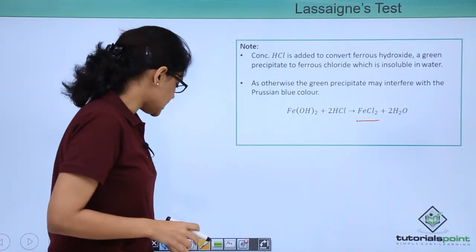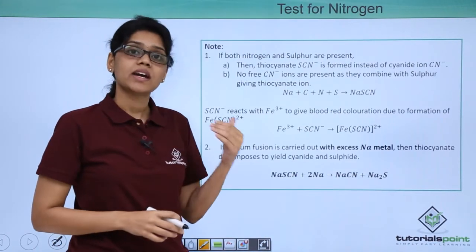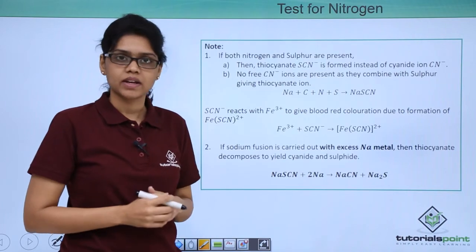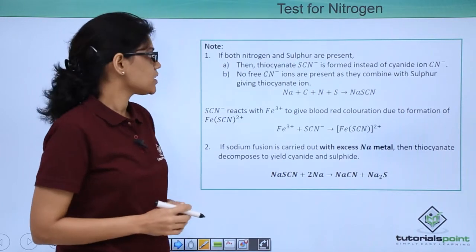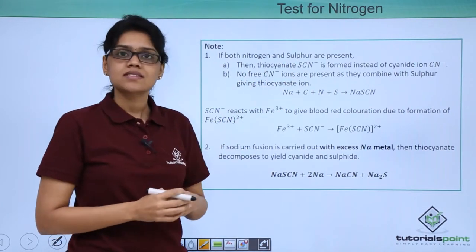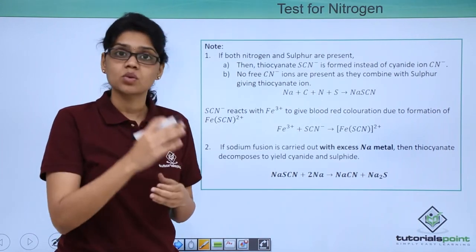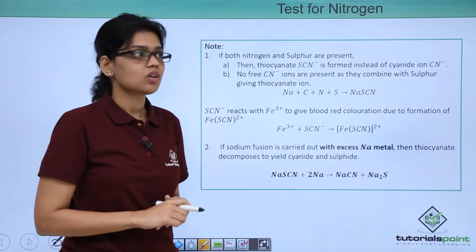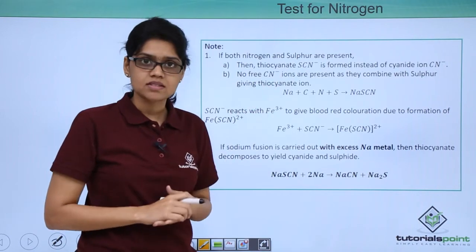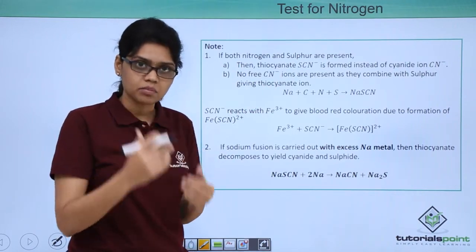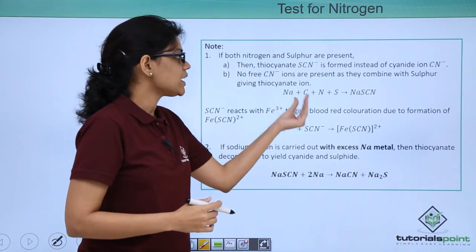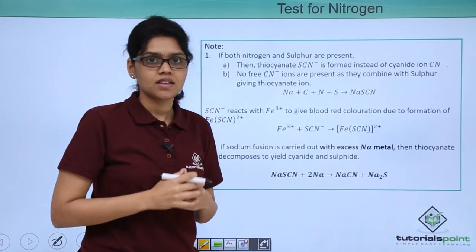Now let us see what happens if we have both nitrogen and sulfur present in our organic compound. In that case, thiocyanate or SCN minus ion is formed, that is, sodium thiocyanate is formed instead of sodium cyanide. That is because no free CN minus is present in a sodium fusion extract, as it combines with sulfur giving us NaSCN instead of NaCN.